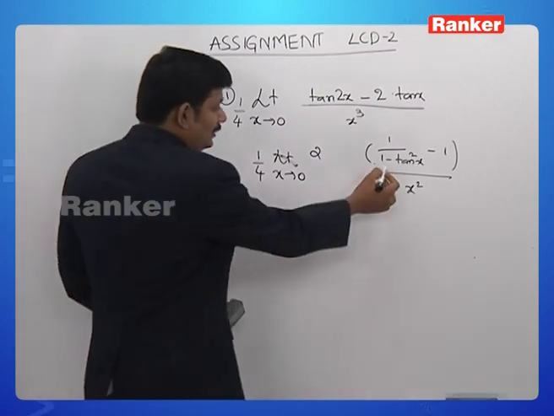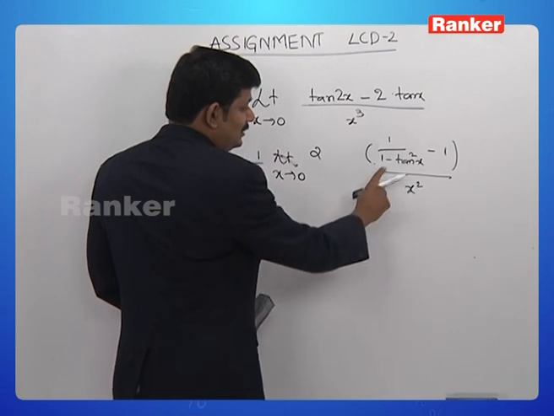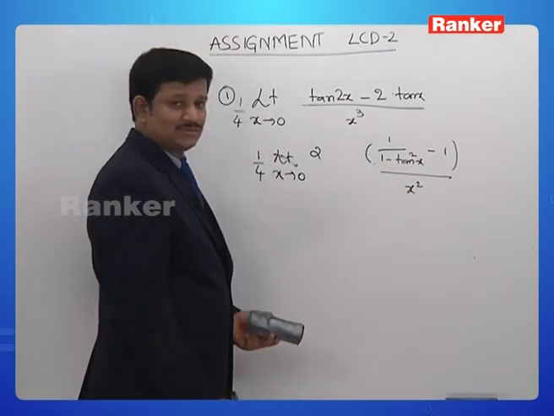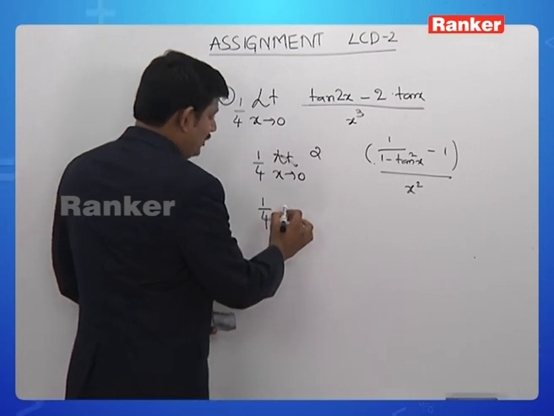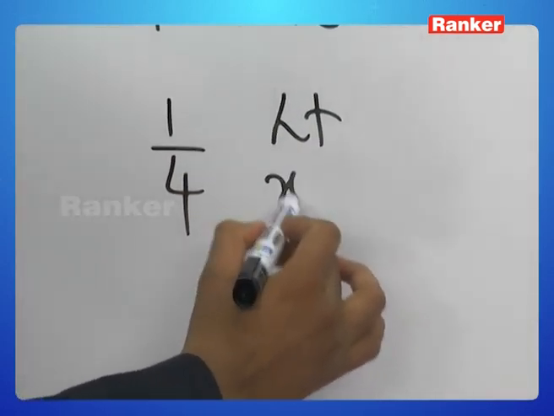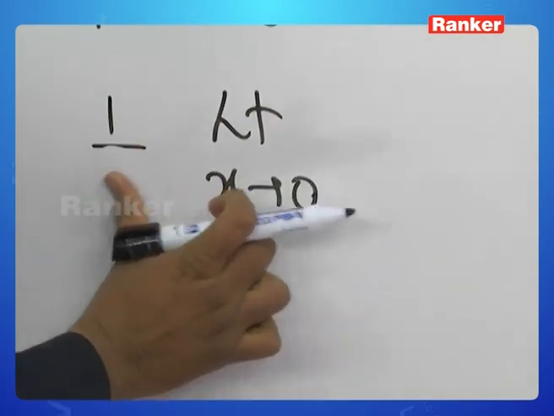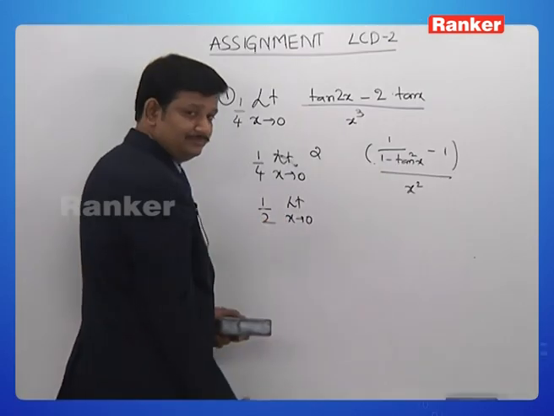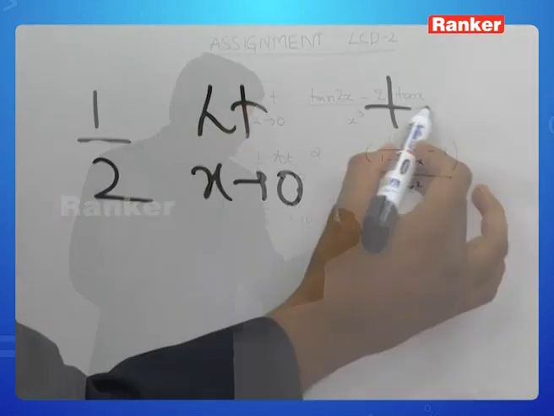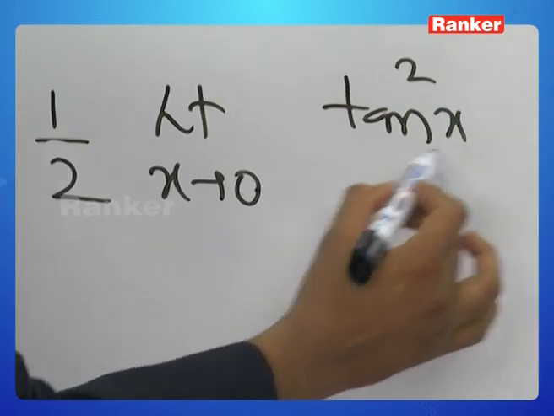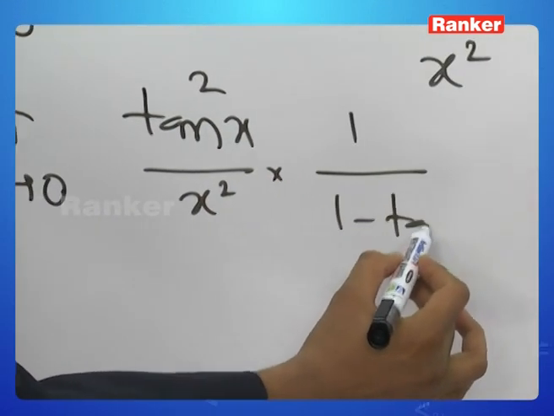Now, simplify, take LCM, 1 and 1 gets cancelled, minus of minus tan square x is tan square x. We have the limit to be 1 by 4, limit x extending to 0, 2 we can take it out of the limit and 2 cancels with 1 by 4, makes it 1 by 2. 1 and 1 got cancelled, we have tan square x in the numerator divided by x square into 1 by 1 minus tan square x.